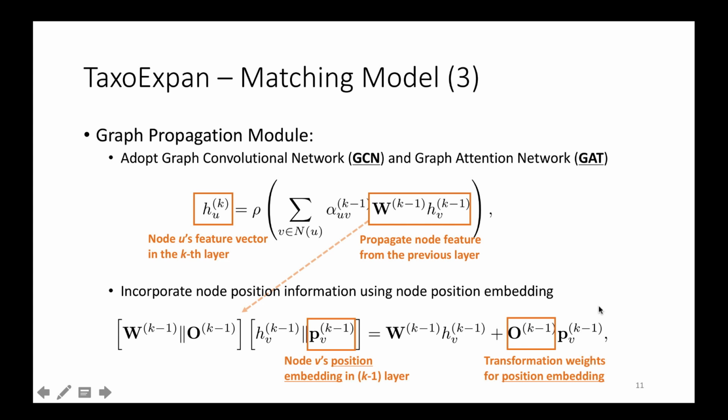In such a way, both the node semantic information and the position information are captured. We refer to such position-enhanced GCN and GAT as PGCN and PGAT.